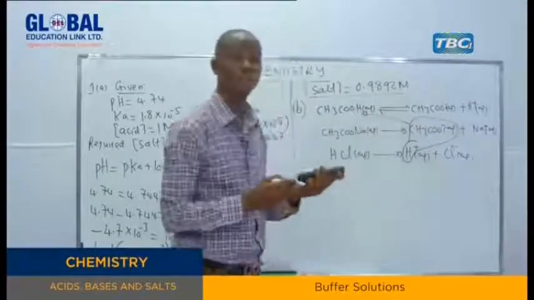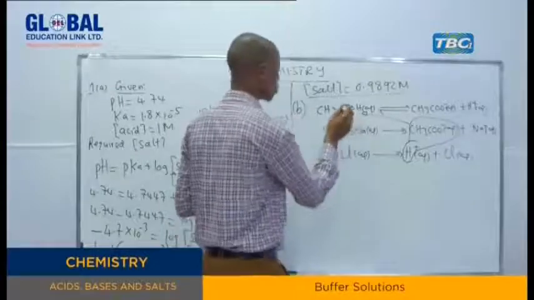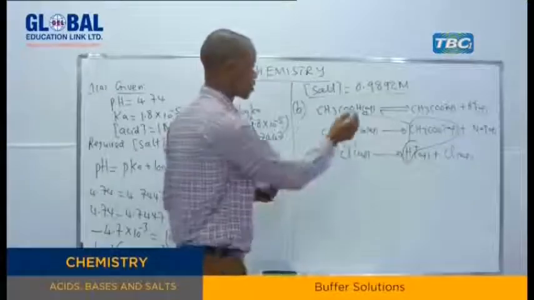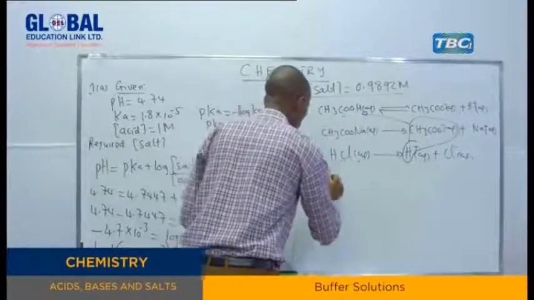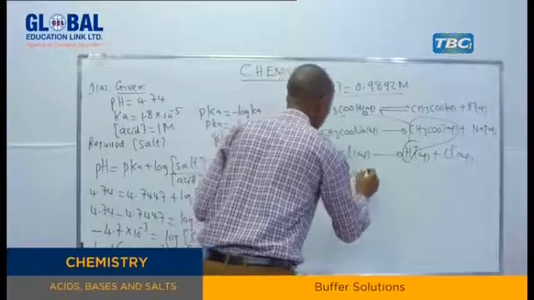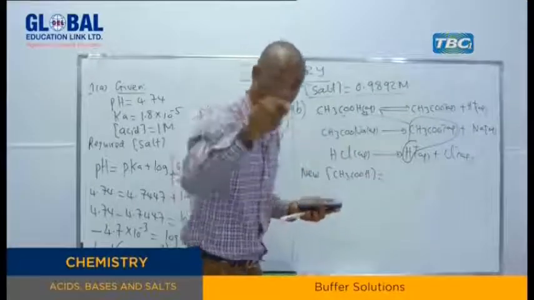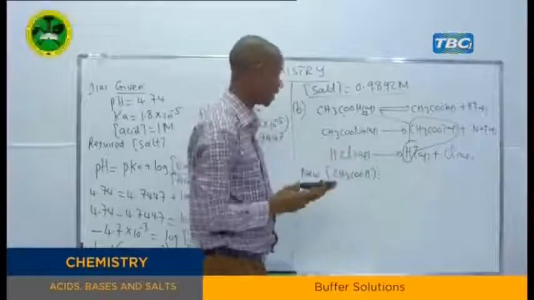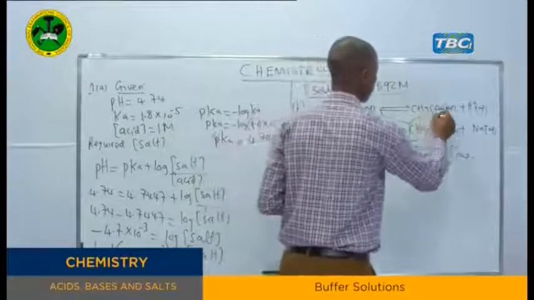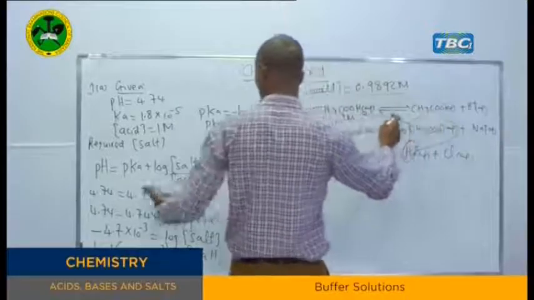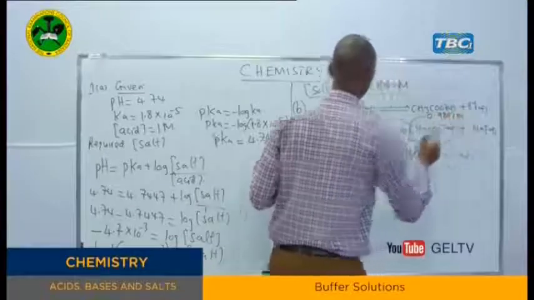So there we are going to have the new concentration. The effect of adding hydrochloric acid will cause the concentration of the acetic acid to increase because it is the one which will be formed. The concentration of acetic acid will increase by the same factor of the acid which is added. Originally we had 1 molar.